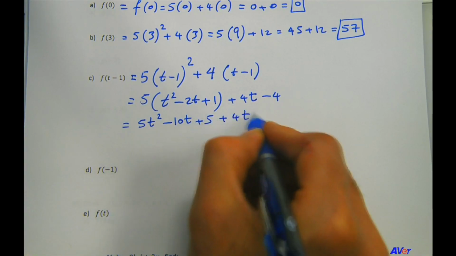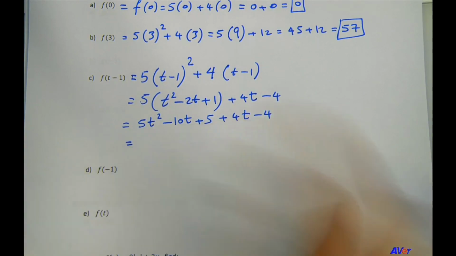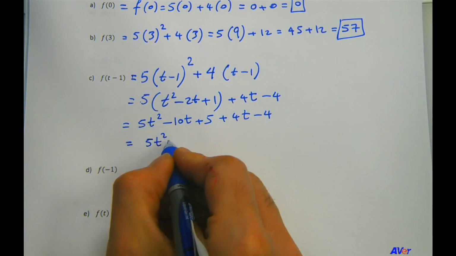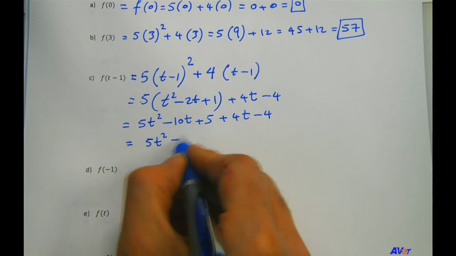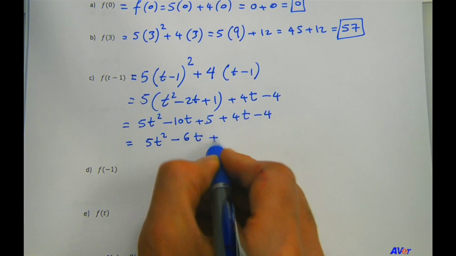Plus 4t minus 4. Now let's combine the things we can. So we have 5t squared minus 10t plus 4t, minus 6t. 5 minus 4, positive 1.